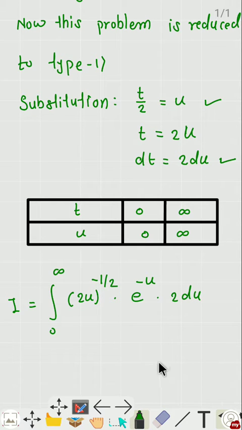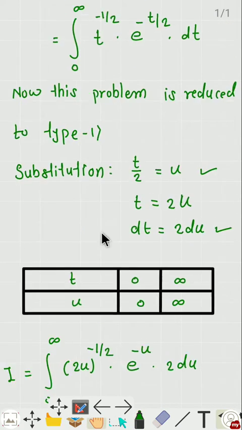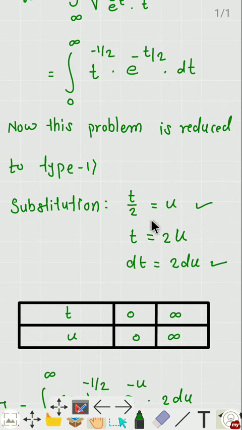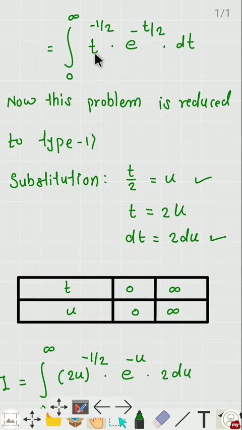So you observe that instead of t we are putting 2u, instead of t by 2 we are putting u, and instead of dt we are putting 2 du.